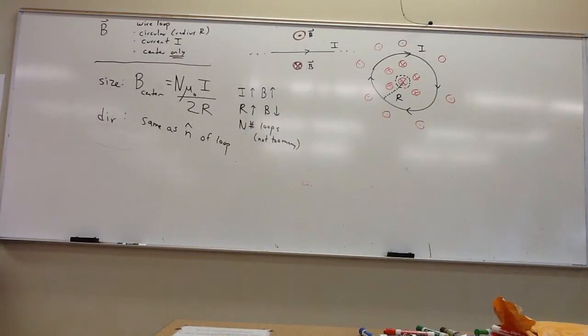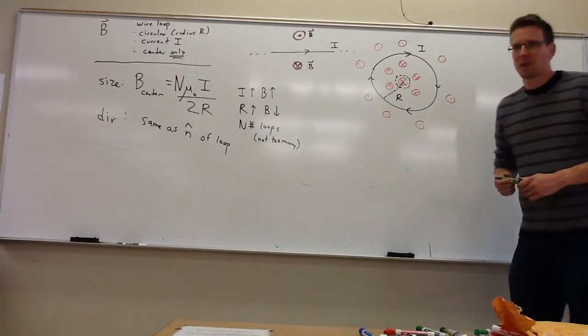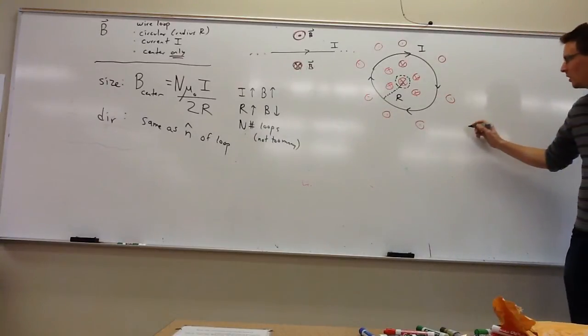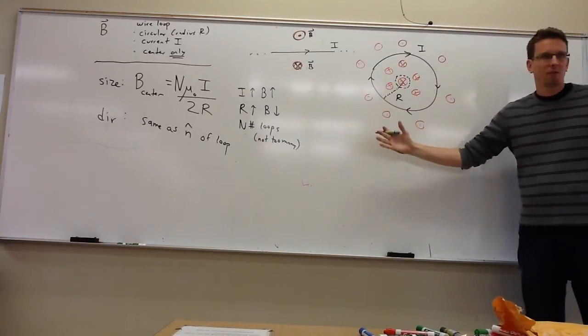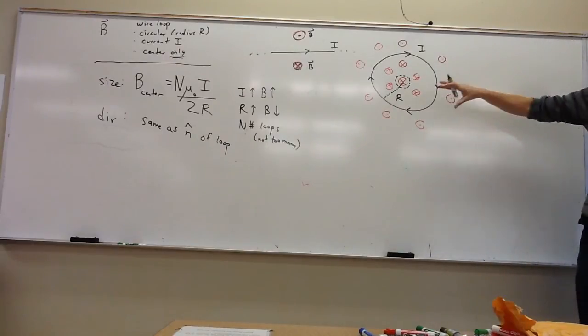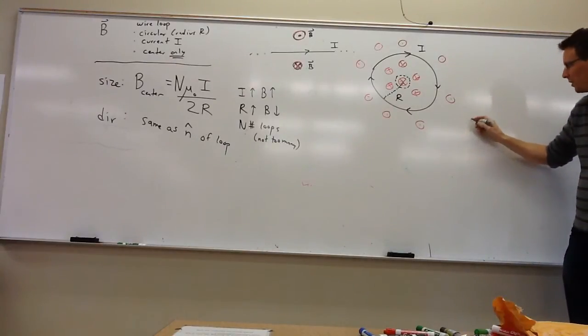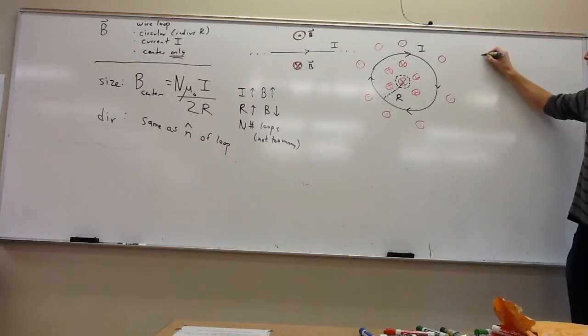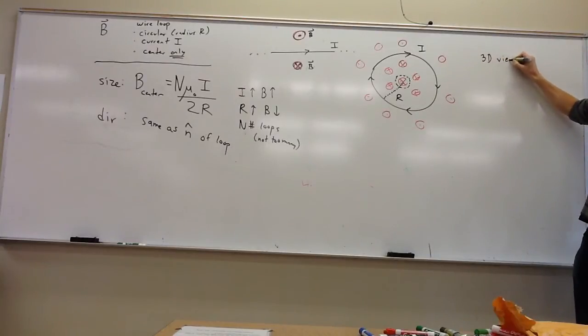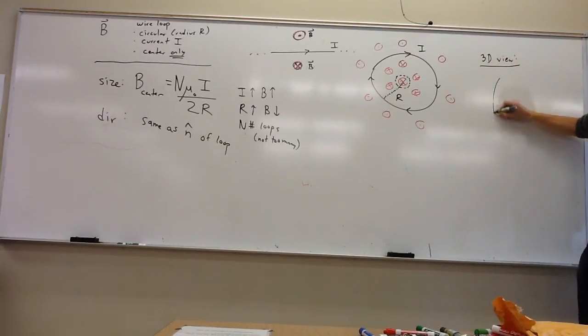In fact, what I'm going to attempt now, and I do emphasize attempt, I'm going to try to draw a 3D view of this. Sometimes this goes better than other times. So this is like a flat plane view, like just looking dead on at the loop. I'm going to try to draw a 3D view. Here I go. So here's the loop.